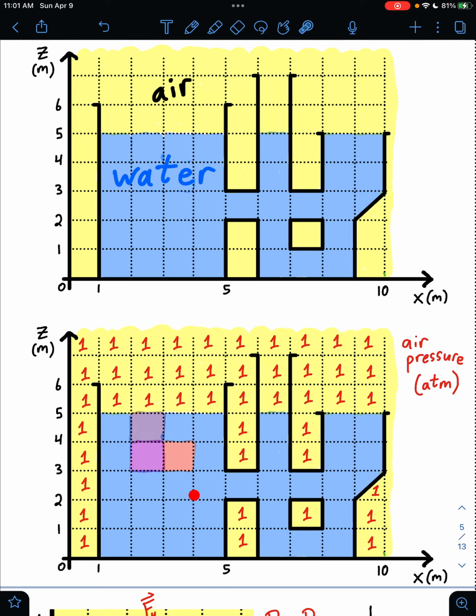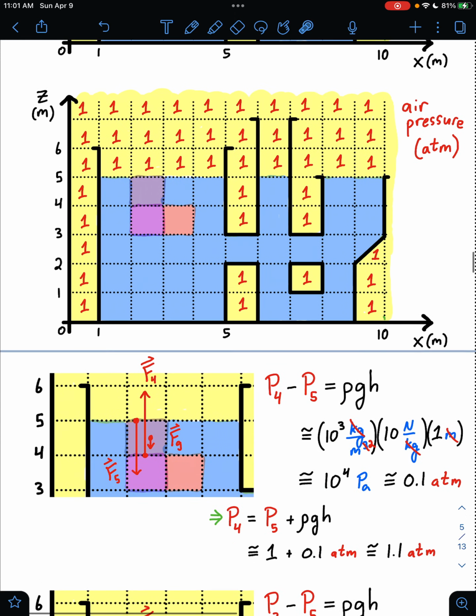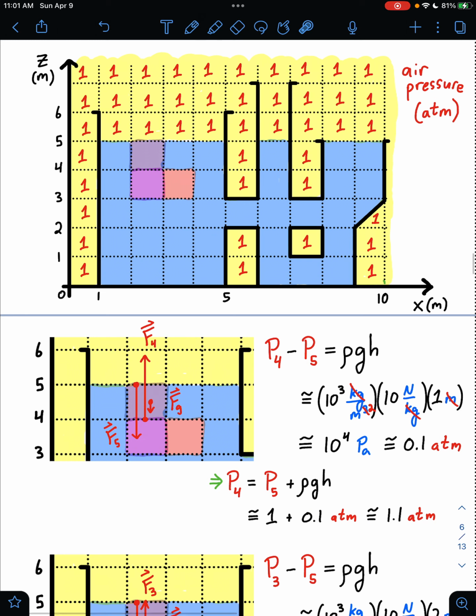Let's see how it increases as we go deeper into the water. And we'll be looking at these 3 fluid elements here, these 3 water cubes that I've colored purple, pink, and reddish. So first, the free body diagram for that purplish cube of water right there at the surface.